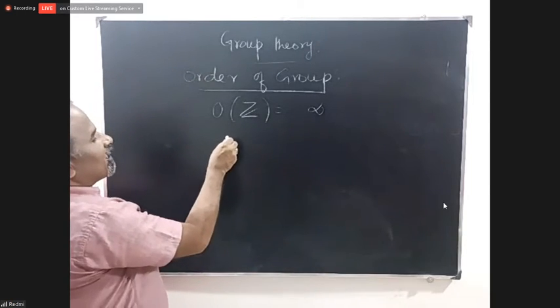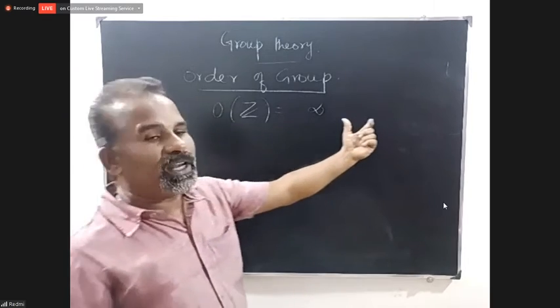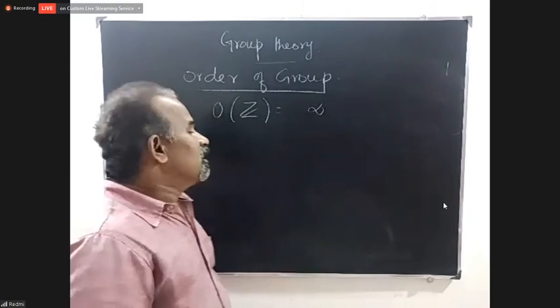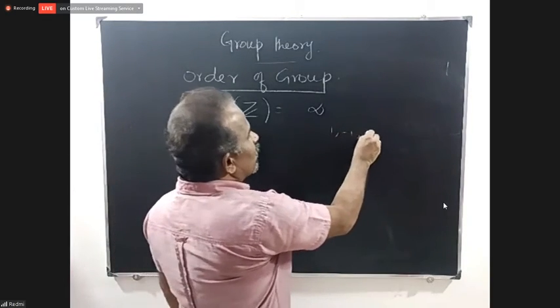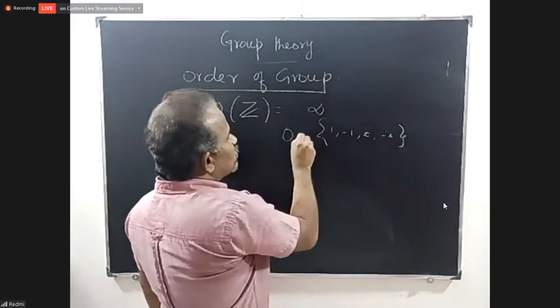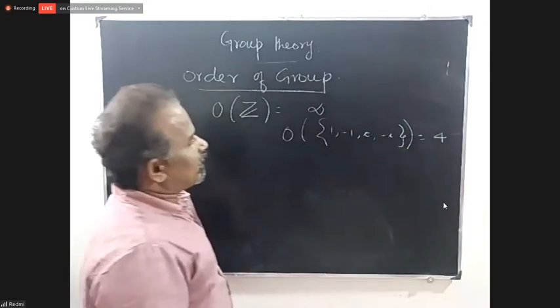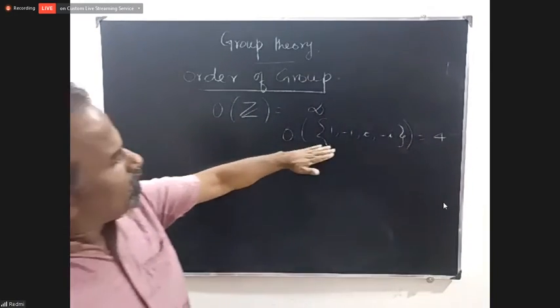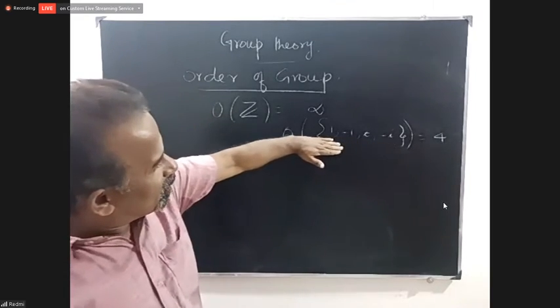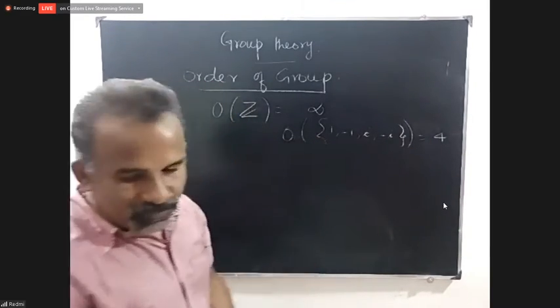Then what about the cube roots of unity? The order of that set is only 3 elements, order 3. Then 1, minus 1, i, minus i: the order of this group is equal to 4. Very simple. The number of elements in the group is called the order of the group.